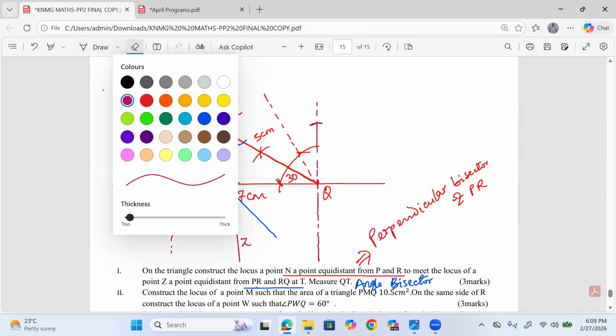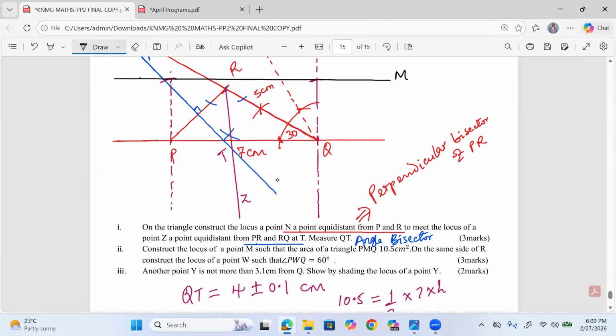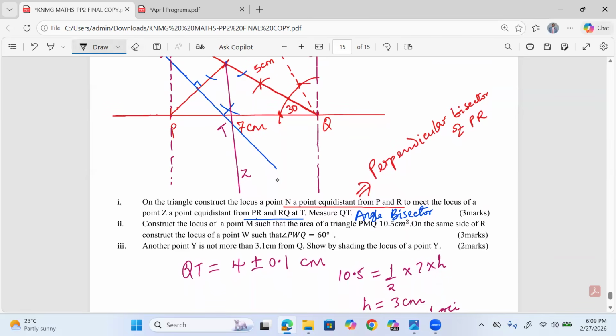So when you connect the two marks, now 3 centimeters from the line PQ, you'll get the locus of M. It is exactly 3 centimeters from PQ. And when you construct another triangle P, then to M and down to Q, that is 3 centimeters away, the area shall be 10.5 because the base is a constant 7.